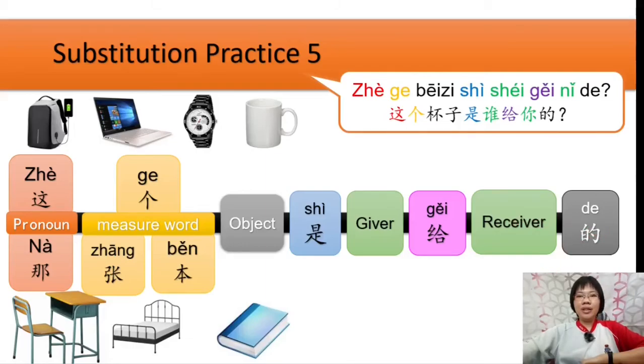Example, 这个杯子是爸爸给我的。Cawan ini adalah bapa bagi saya punya. Yes, it sounds like a Chinese who is speaking Malay. As always, you can replace any object, giver and receiver to form your own sentence. It's not too difficult, isn't it?